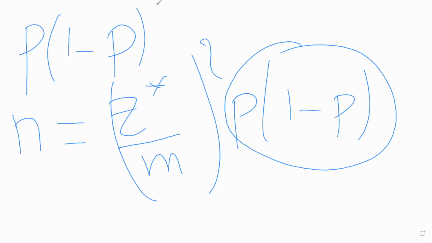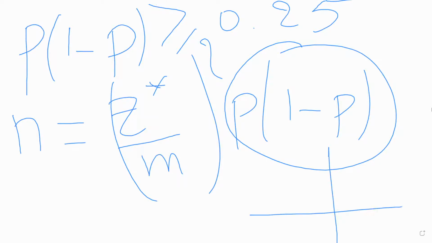Of course P is a proportion. That means P is between 0 and 1. Then for sure I can write the following: for any P, P times 1 minus P is less than 0.25. We said, when we look at the function P times 1 minus P, it is part of a parabola, guys.